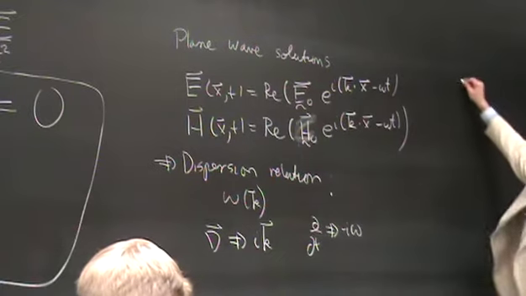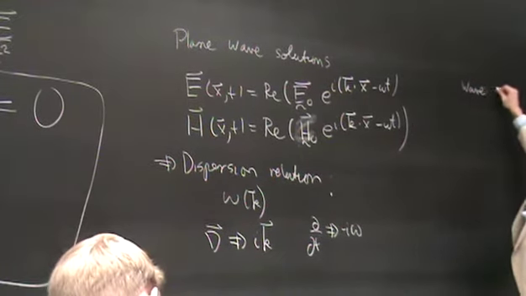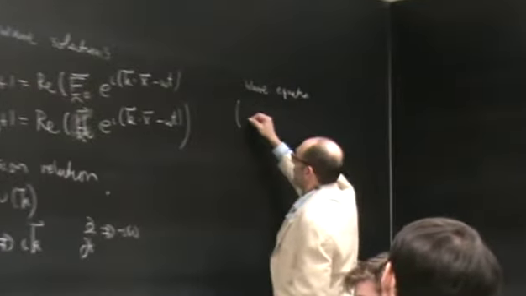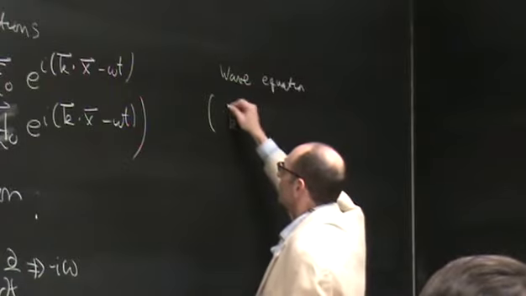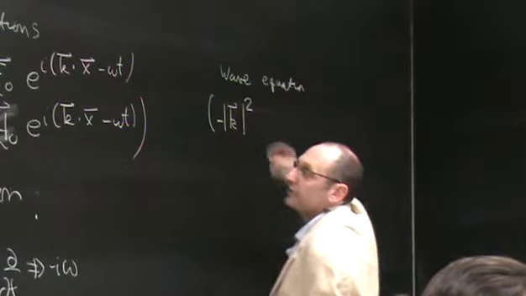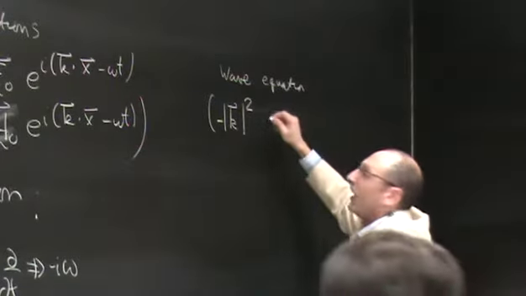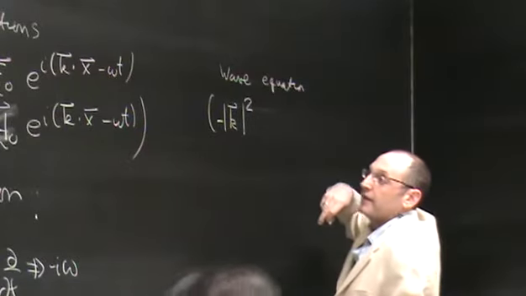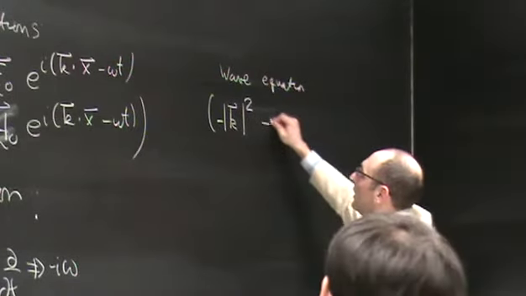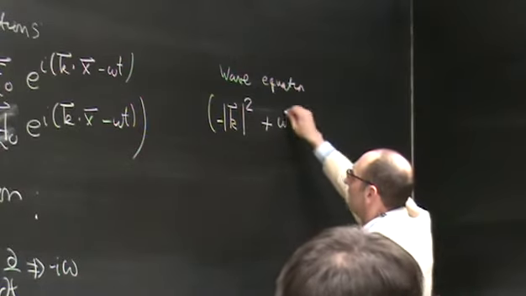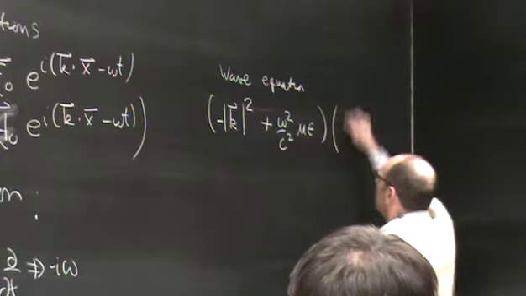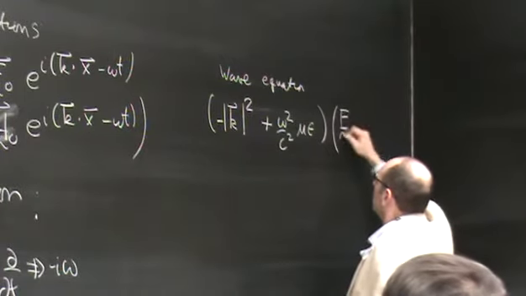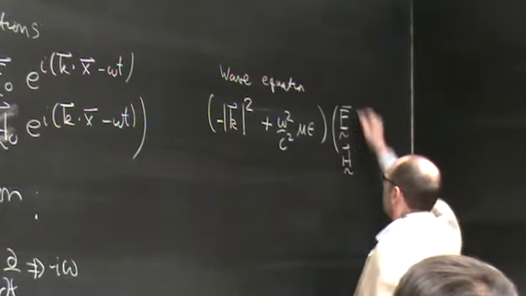So the wave equation then says ik dotted into ik is minus the magnitude of k squared. And then i omega times minus i omega is minus omega squared over c squared mu times epsilon, times E twiddle, H twiddle, equals 0.